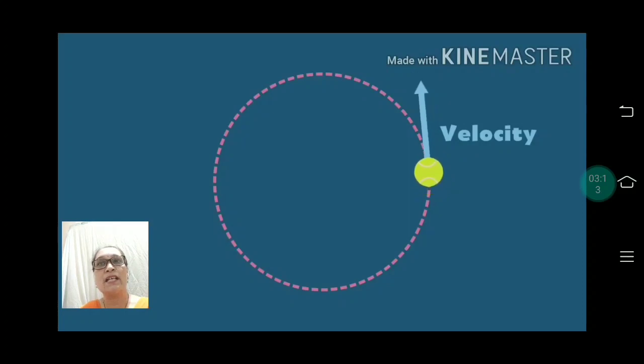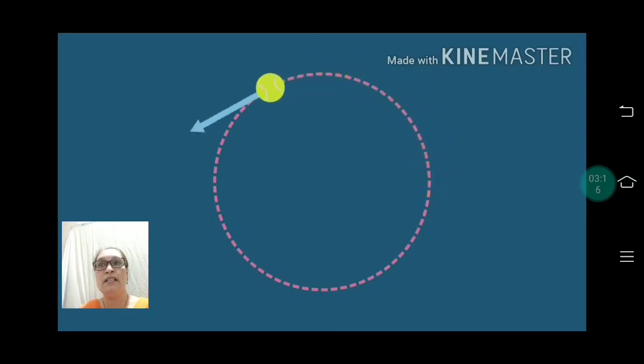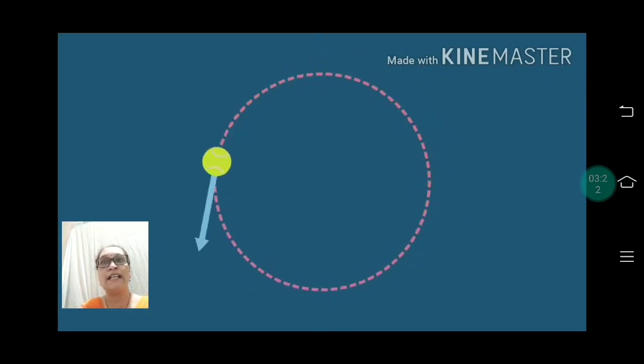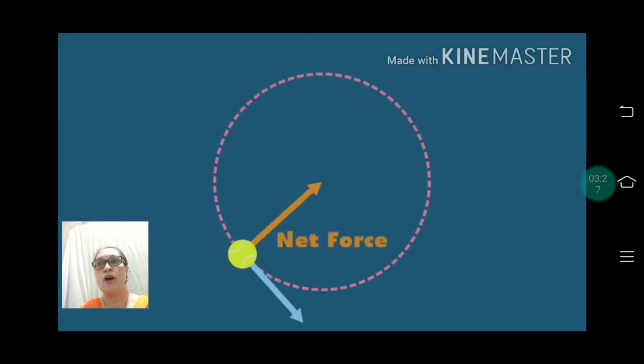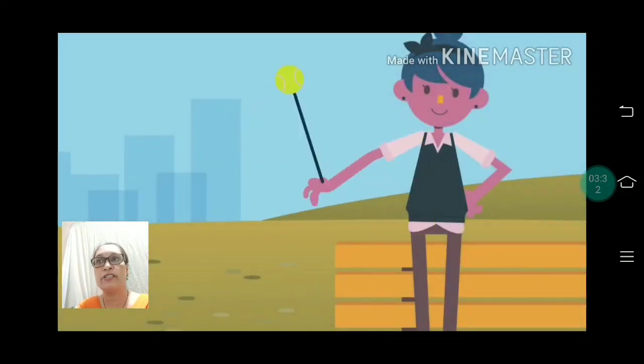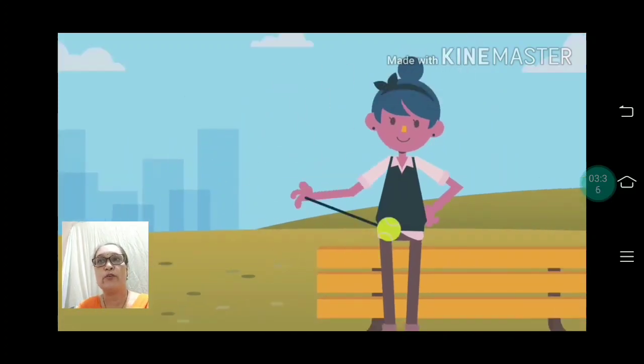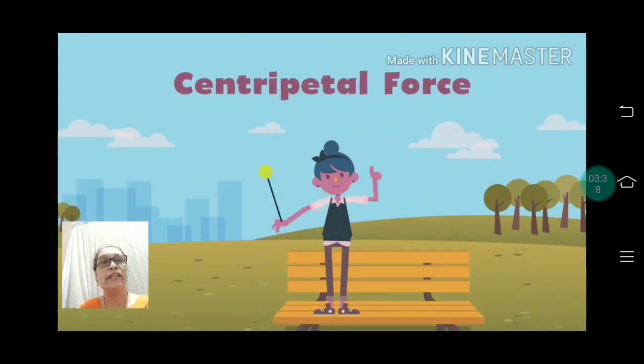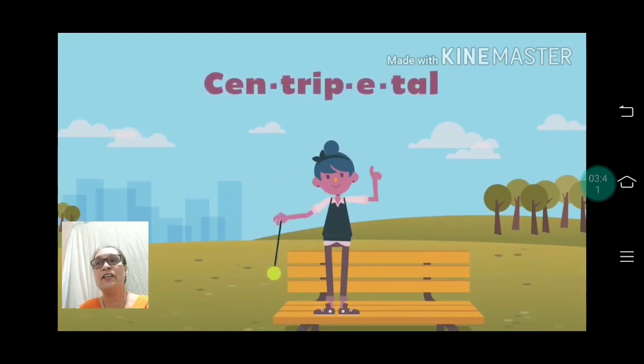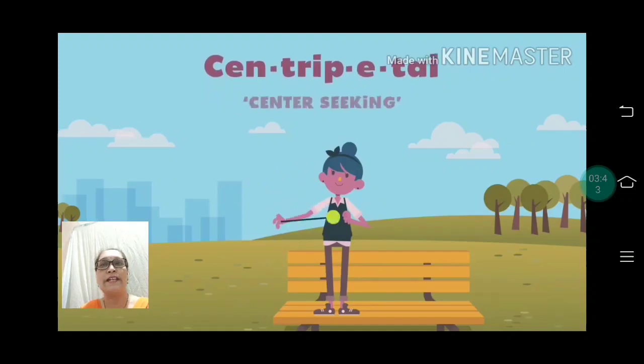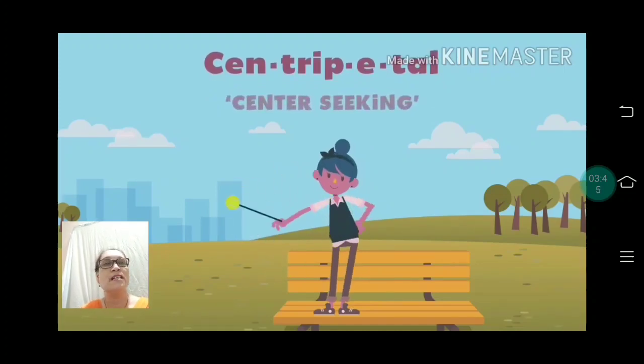As the object is moving in a circle, the velocity is changing. Velocity is changing its direction, which means that there is an acceleration. And from Newton's second law, since we have acceleration, we also have a net force. This net force for an object moving in a circle is directed towards the center, which is called centripetal force, that is, center seeking force.